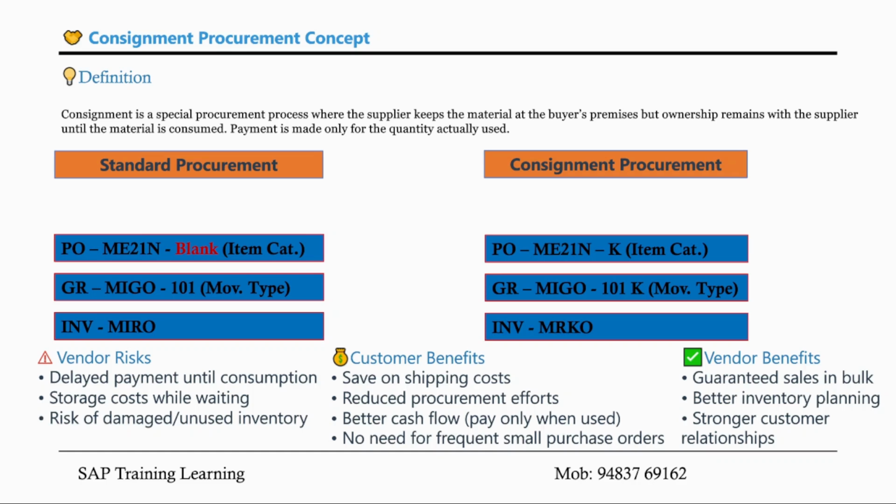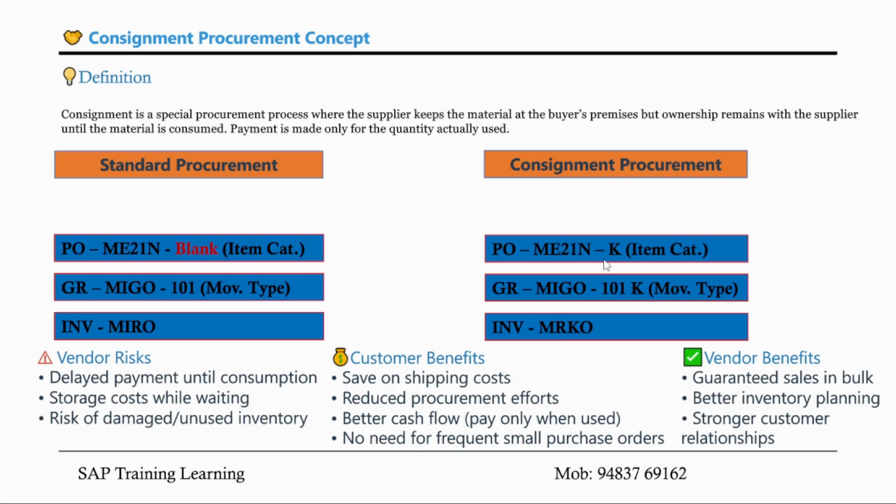Okay, so this is how it differs process-wise. Now let's understand the SAP configuration. You create a purchase order with the ME21N transaction code, right? And here you don't bother about what the item category could be. Whenever you create a standard purchase order, you never think about the item category, right? And that is what makes the purchase order a standard purchase order.